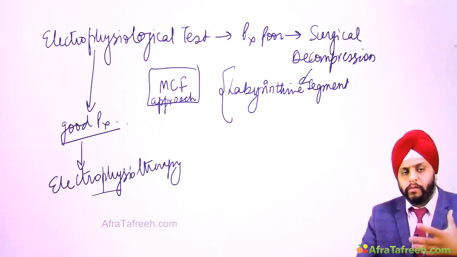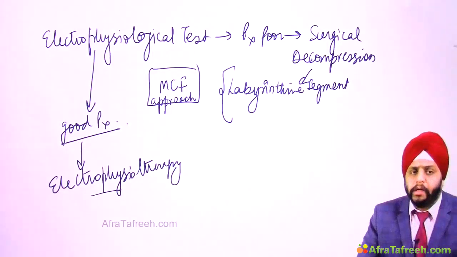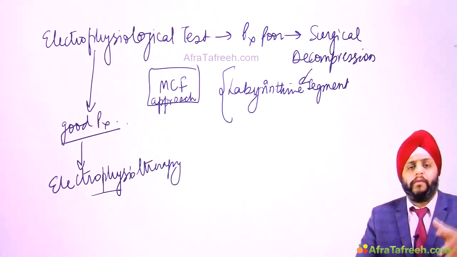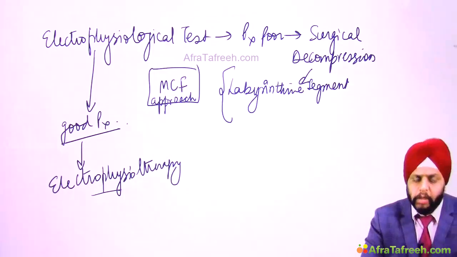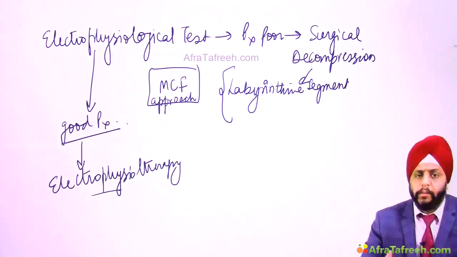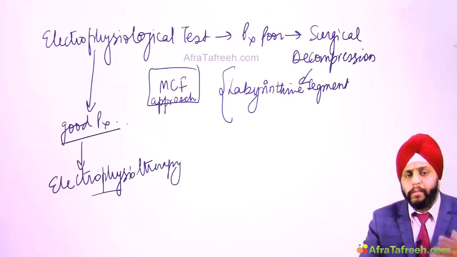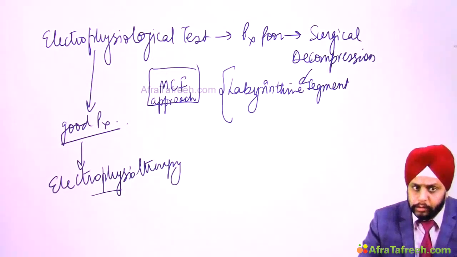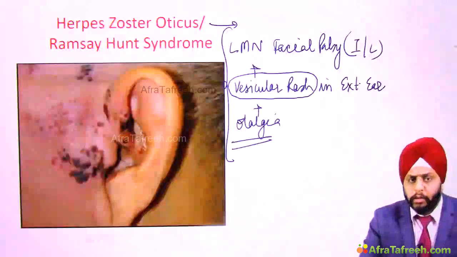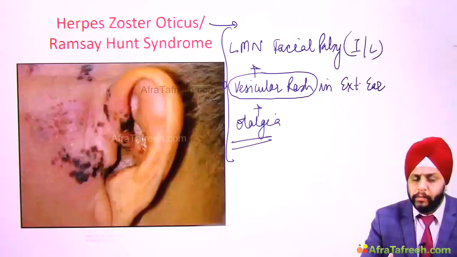So you know the prognosis is good, you just want to decrease the recovery time, so you give electrophysiotherapy to stimulate the nerve to grow further. So this is how we treat Bell's palsy. I have told you step by step treatment so that whatever different questions you get in the exam, you can mark the answer to every question. So that was Bell's palsy and also herpes zoster oticus, Ramsay-Hunt syndrome.